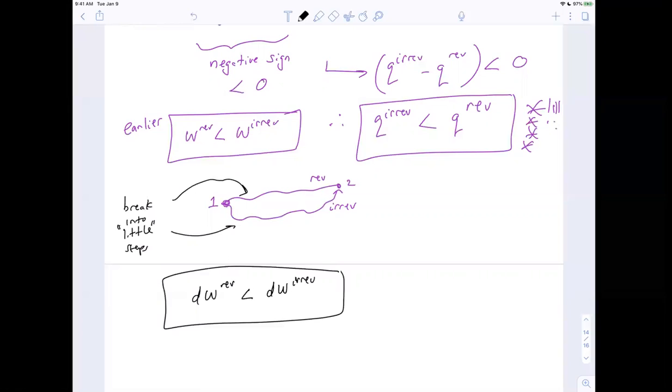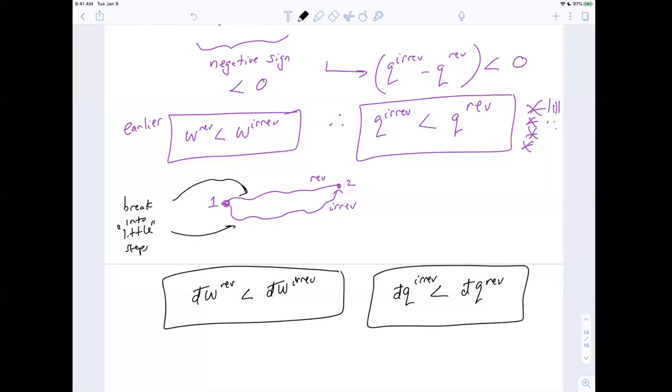It's just going infinitely smaller and smaller to 0 in the limit. And so we have the same thing for dq. Oops, sorry, those things should be with a line. So dq irreversible should be less than dq reversible. And so these are the integrated forms. There's always an integrated form in purple. Those are the integrated forms, and then the differential forms are the ones in black at the bottom.